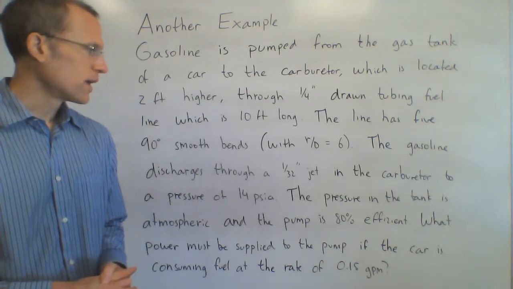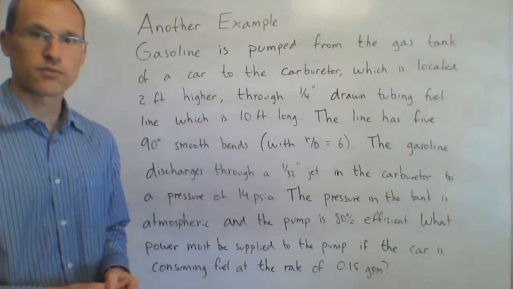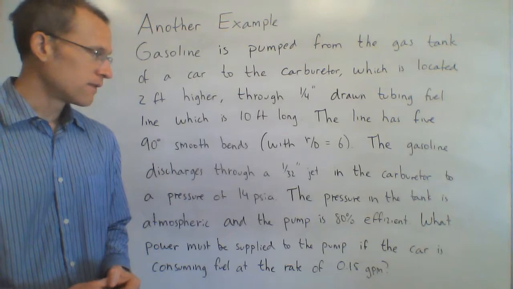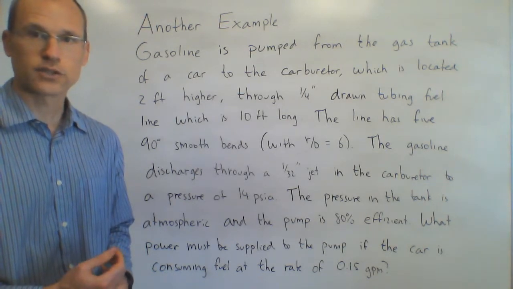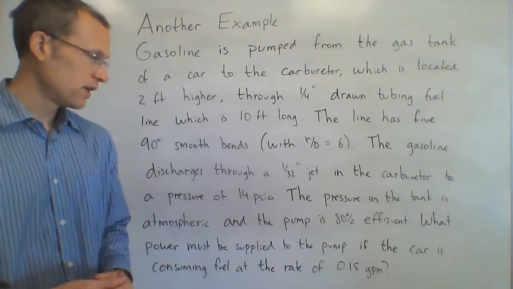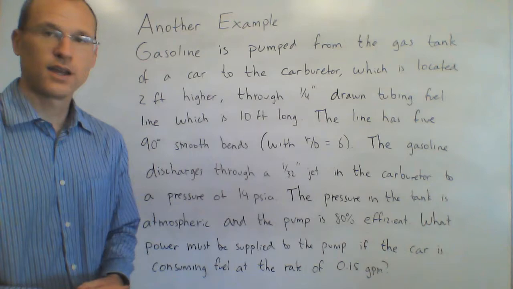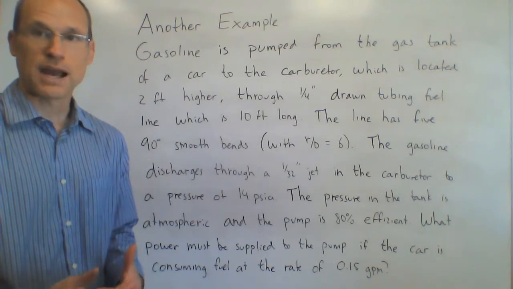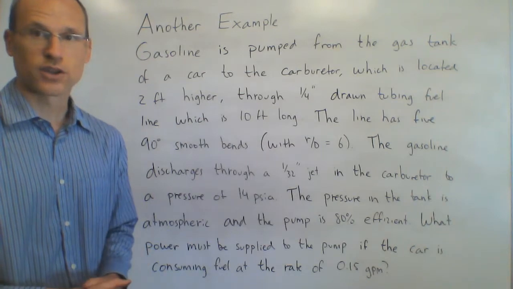Then goes through a 1/32 inch jet into the carburetor. Carburetor has a pressure of 14 psi. Fuel tank has a pressure of 14.7, atmospheric pressure. Pump's 80% efficient. Car is using gas at a rate of 0.15 gallons per minute. So how much power does your engine need to supply to your pump to make this all work?